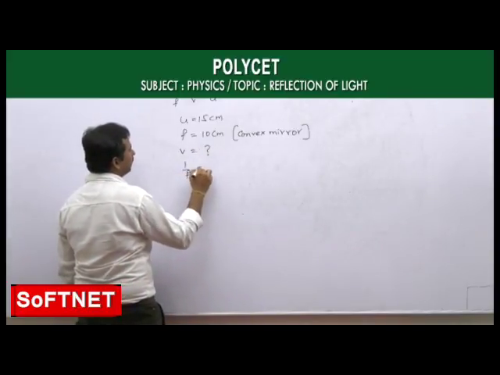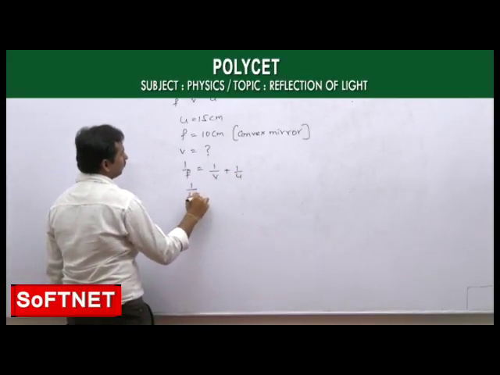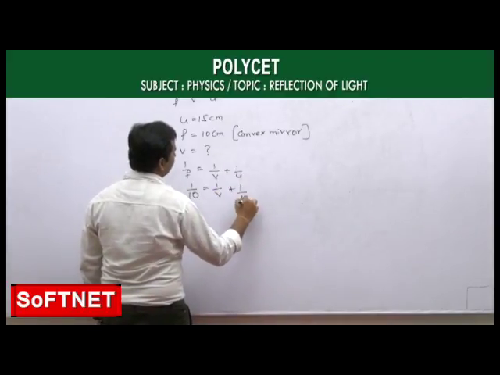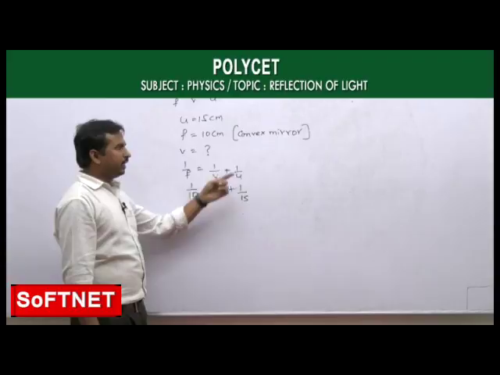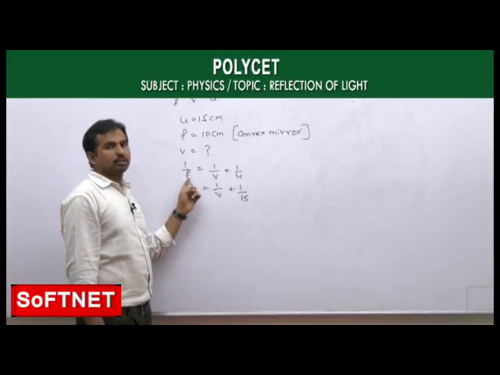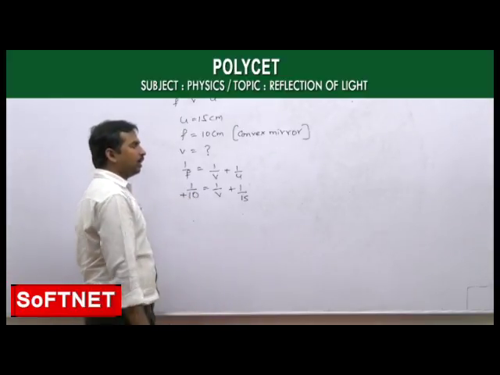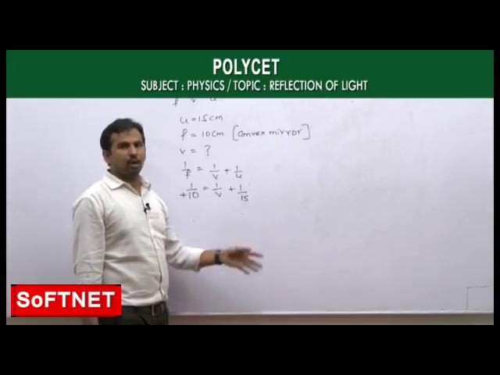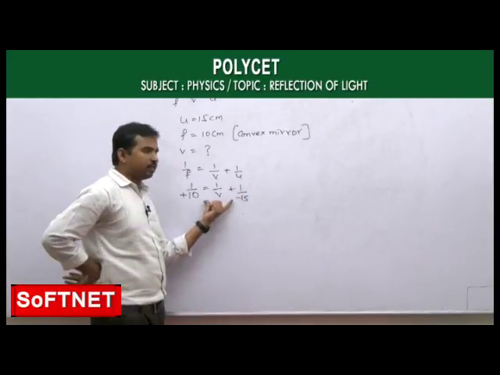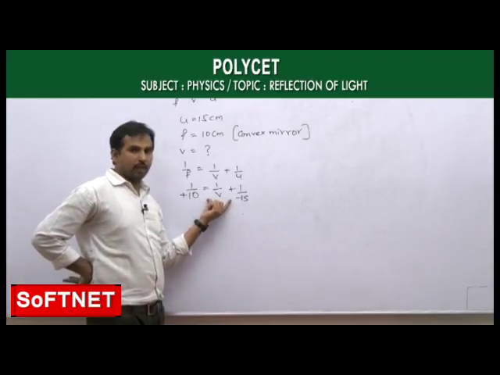The formula is 1 by f is equal to 1 by v plus 1 by u. For a convex mirror, the sign convention for focal length is positive, and the object distance is negative. For the image distance we need not apply any sign convention because we don't know its value.